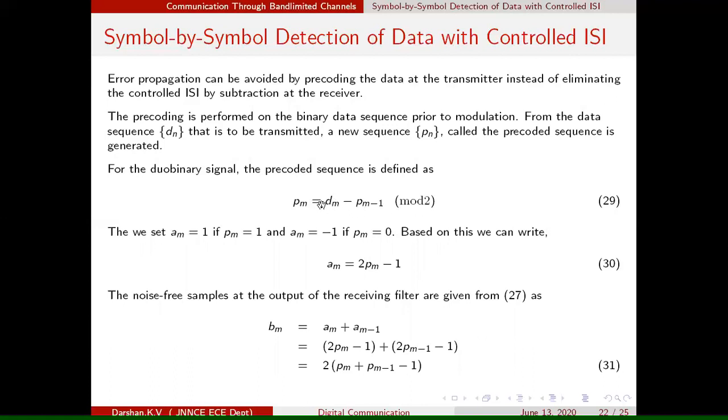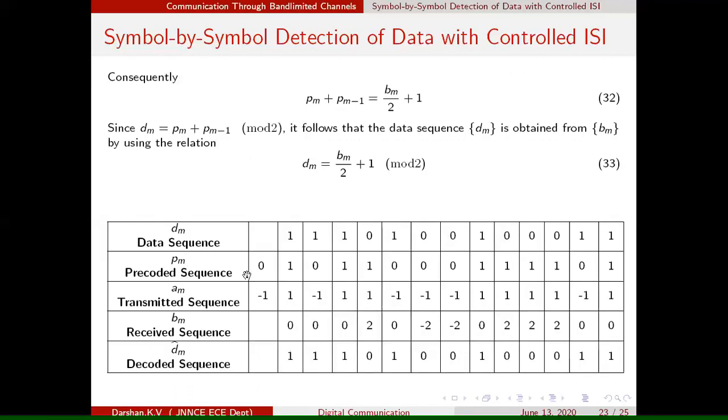So how can you get a pre-coded sequence? Take the data sequence, do modular subtraction with p(m-1), the previous pre-coded sequence. Initially I will assume the pre-coded sequence as 0. You can assume it as 1 also, that is not a problem.